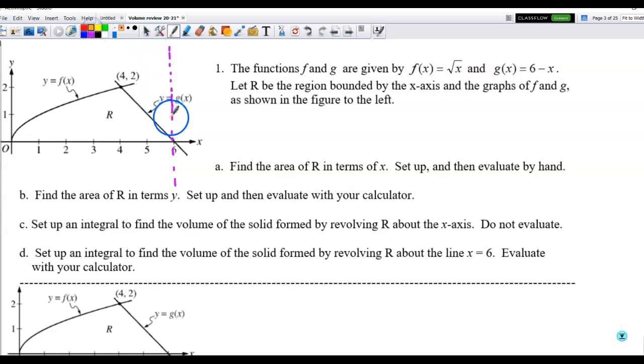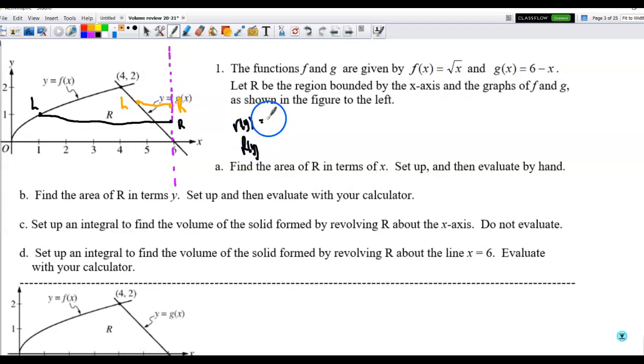So when I find, and there's clearly going to be a hole, that region is not flush to the axis, so little r of y is going to be the right curve minus left curve, and big R of y is going to be from the axis of revolution to the outer curve, right minus left. We are in terms of y, we're finding volume, so we're going to need a little r of y and a big R of y.